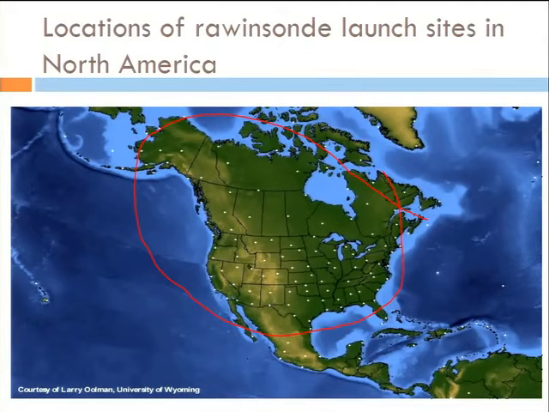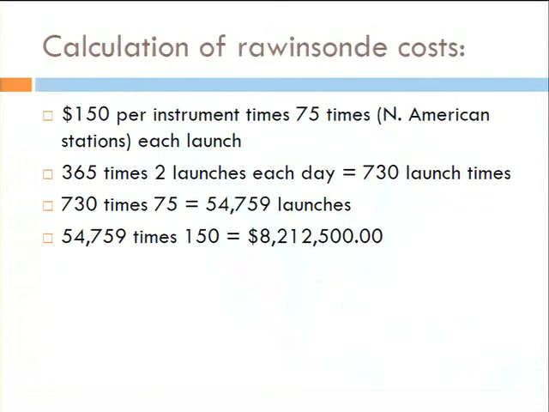Now, obviously, the oceans are an issue, right? We're not launching weather balloons out over the ocean, generally speaking. Obviously, we have a few, places like Hawaii and some of the Caribbean islands, but ocean coverage is definitely an issue.